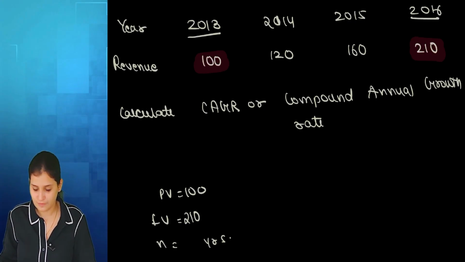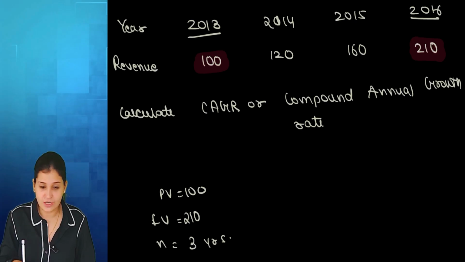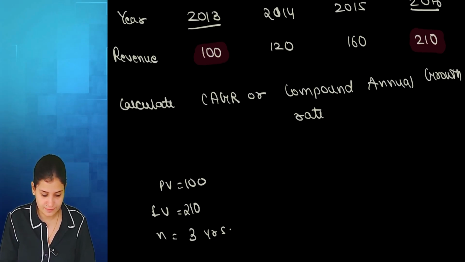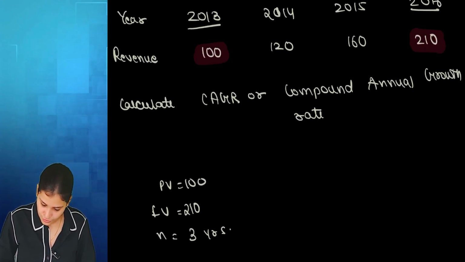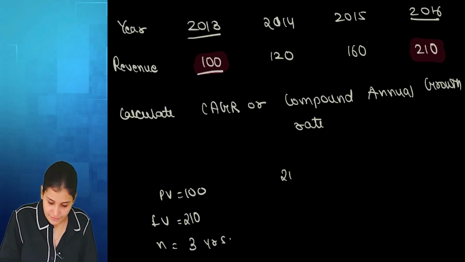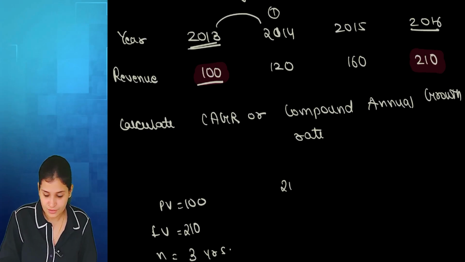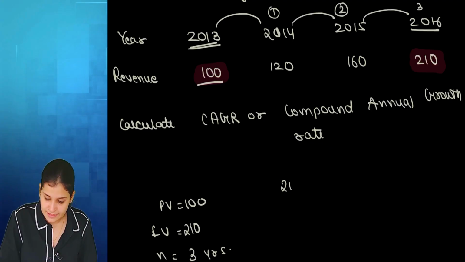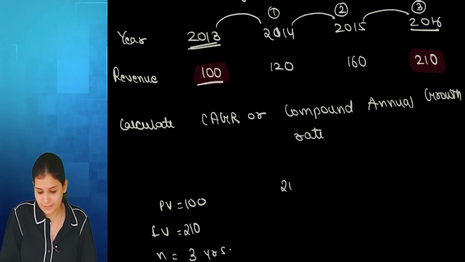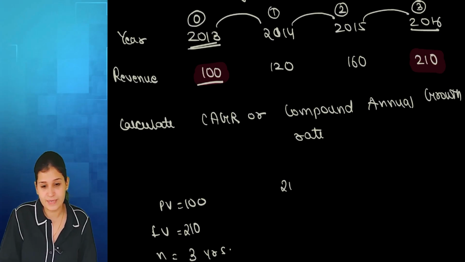Time is 3 years. Did you all understand this? This 100 was in 2013, this is 0. From here this is the first year value, then the second year value, then the third year value. This is the value today, 0, present value.